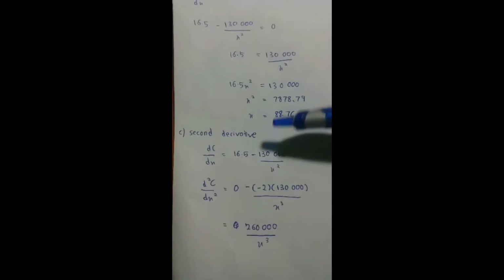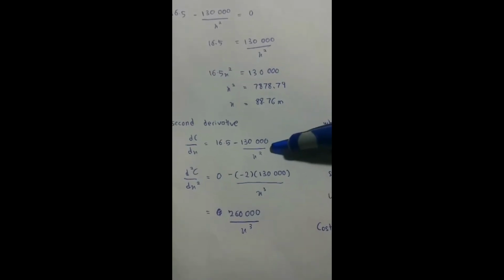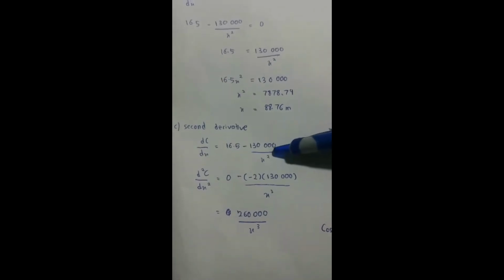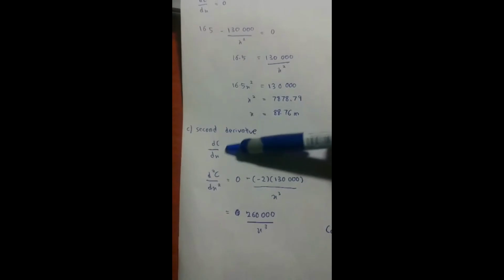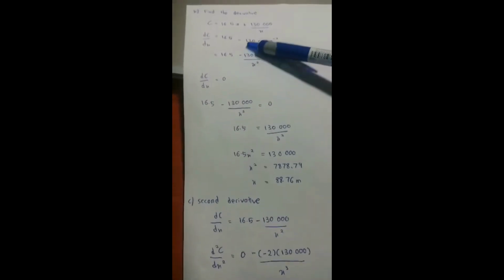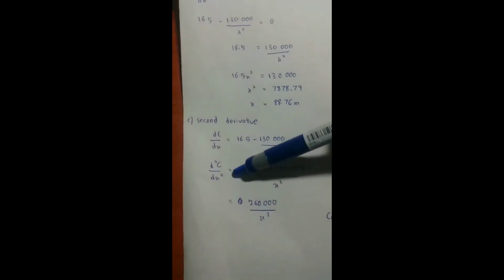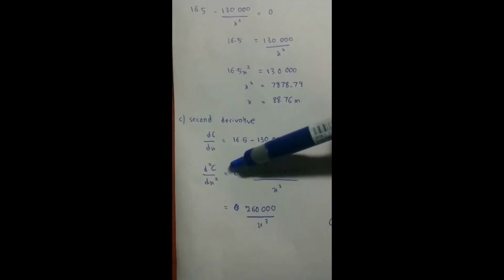So the next step is the second derivative. dC over dx equals 16.5 minus 130,000 over x squared. This is the equation that we take. We put it here, then we differentiate for the second derivative.